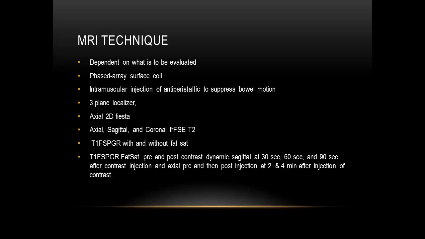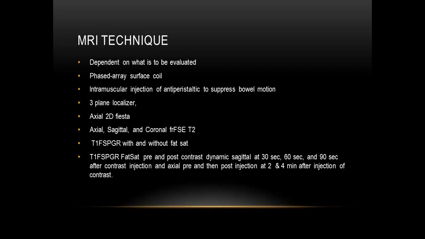We give an intramuscular injection of an anti-peristaltic to suppress bowel motion, usually glucagon, unless the patient is diabetic. We start with our three-plane localizer. We do an axial T2 FIESTA.